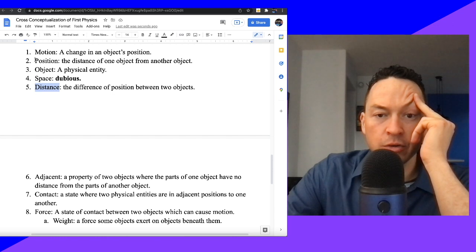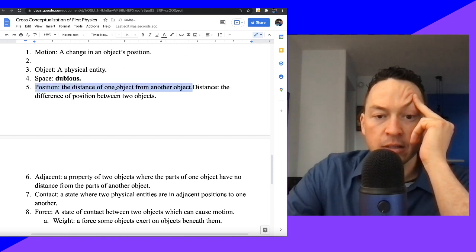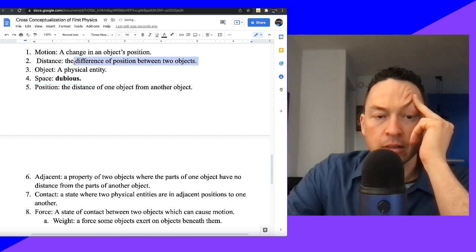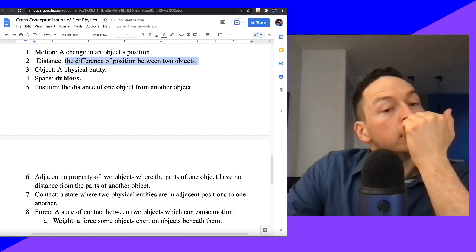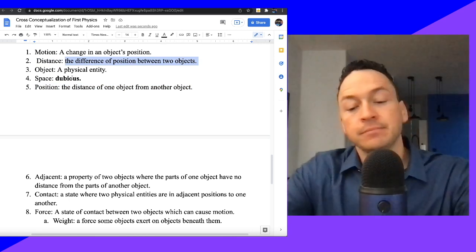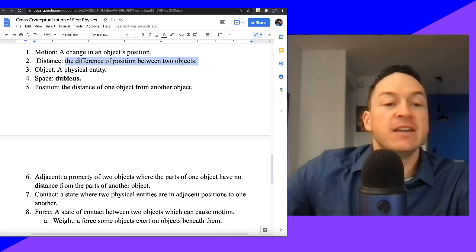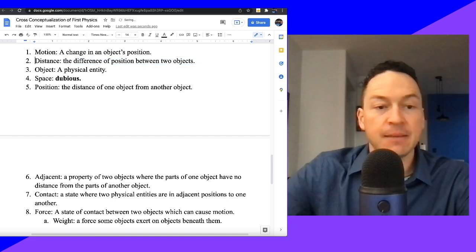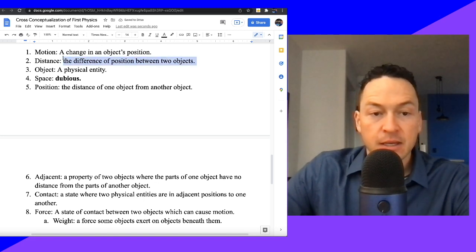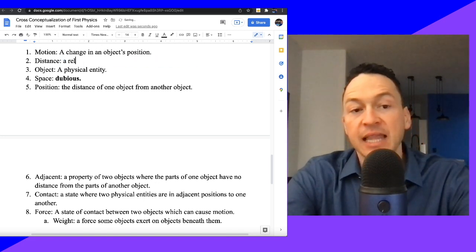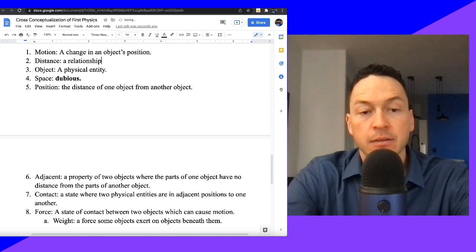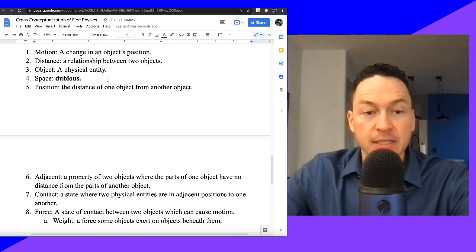I'm going to actually switch these. I'm going to make distance the more fundamental concept, and I'm going to simply say distance is a relationship between two objects.